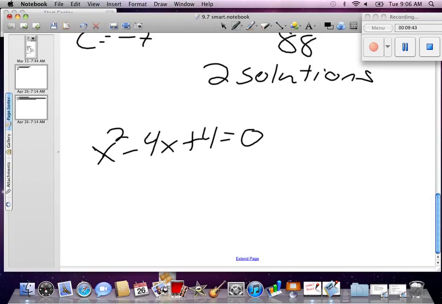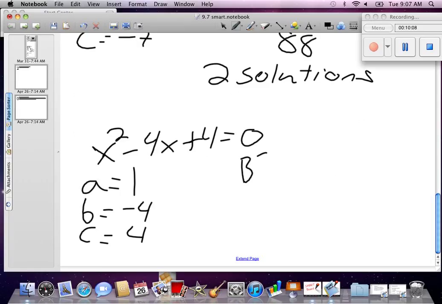Does it do that? Then it is in standard form. Justin, tell me what A, B, and C are. What's in front of the x squared? Okay. What's in front of the x? And what's by itself? There we go. All right, Jalen, you ready?